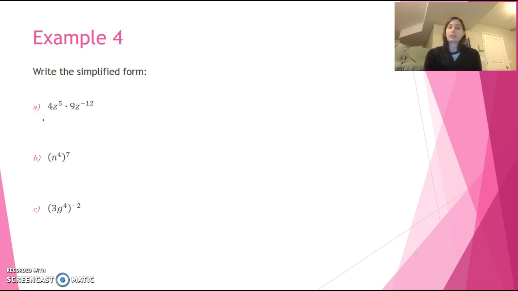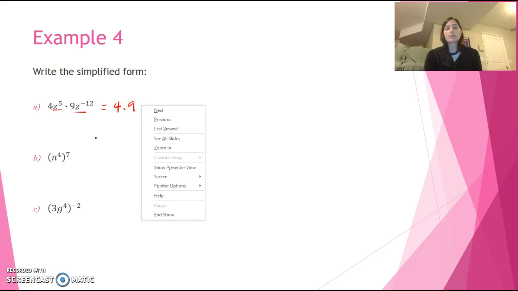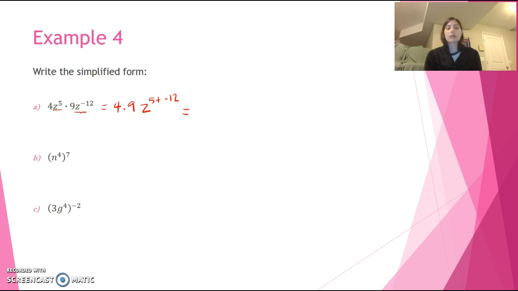Alright, so now algebraically, when we have variables in there, how does this work? Or a mix of variables and numbers. So on this first one, our bases that are the same are my z's. Because we're multiplying, I'm going to take 4 times 9. And then for my z's, because they are the same base, I'm going to do 5 plus the negative 12, because when we're multiplying the same base, we will add our exponents.